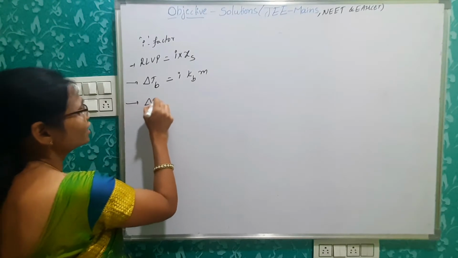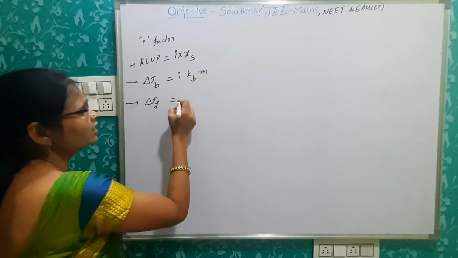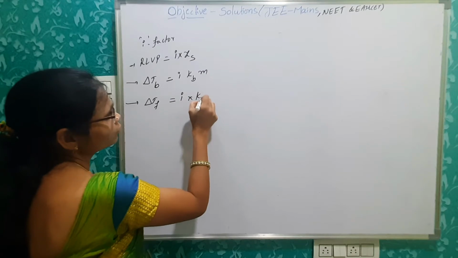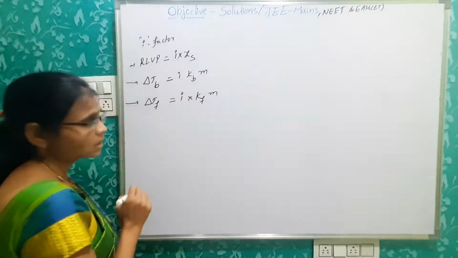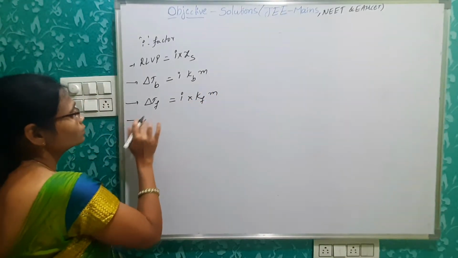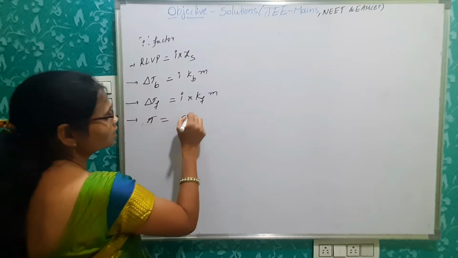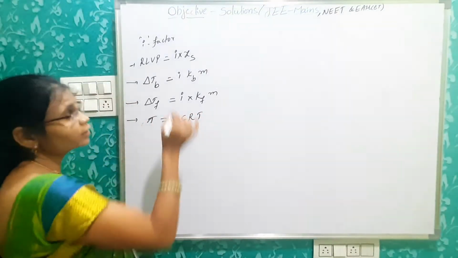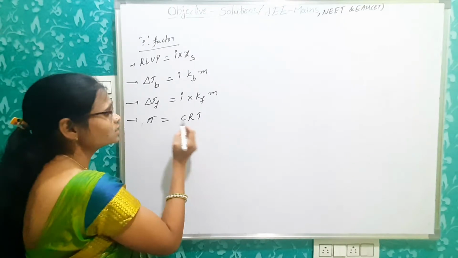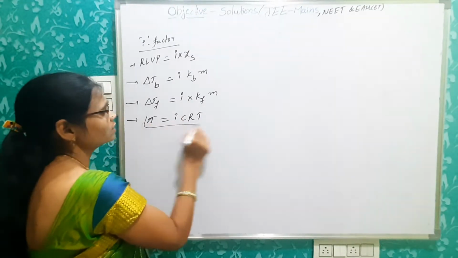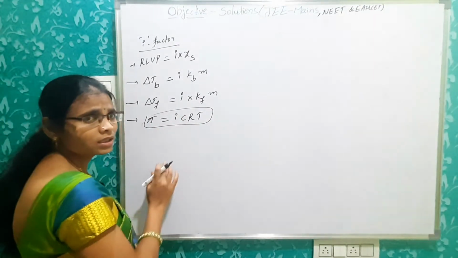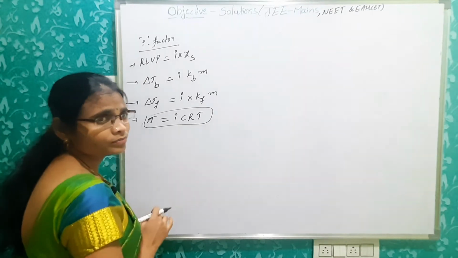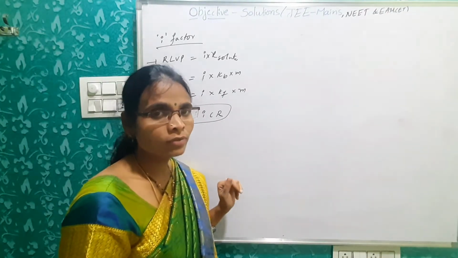Depression in freezing point, delta Tf, is i into Kf into m. Osmotic pressure pi is actually CRT, and after introducing the i factor it is modified as i into CRT. Clear?